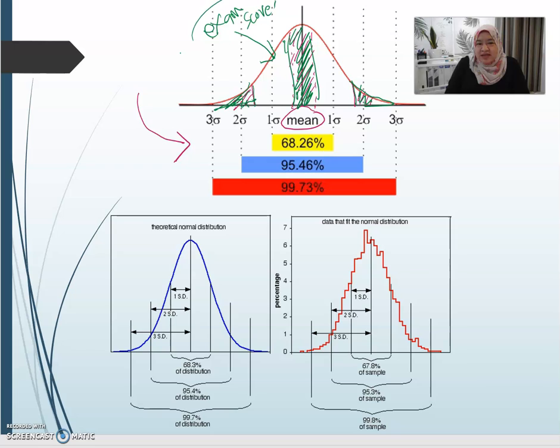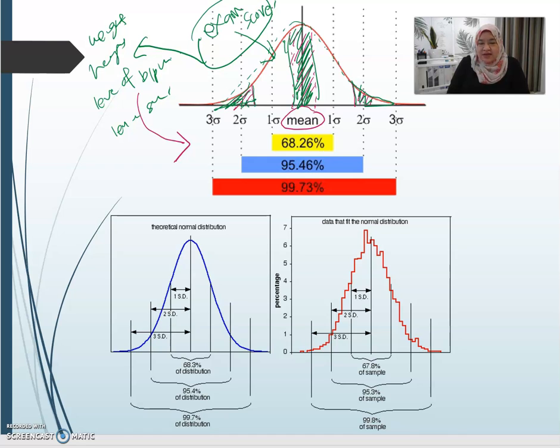So this exam score line here also can be replaced with the weight, height of a person. It could be a level of blood pressure perhaps, or a level of sugar and so on. So the line is actually the collection of the marks or weight or height or level of blood pressure of the particular respondents that we observe.